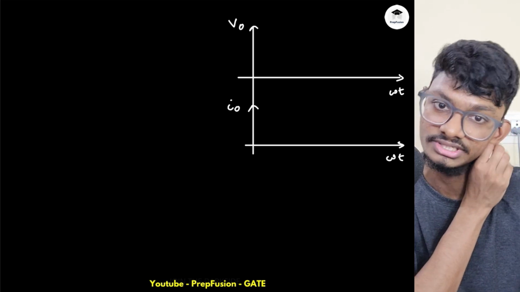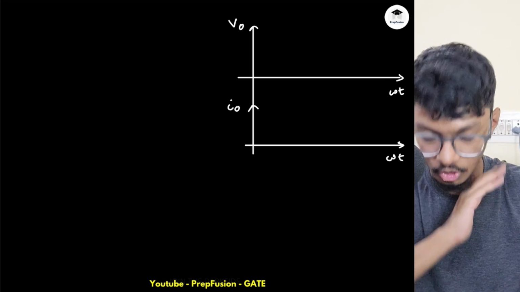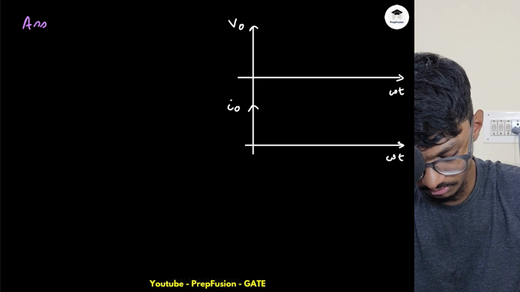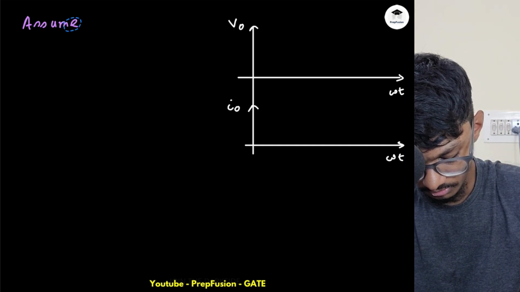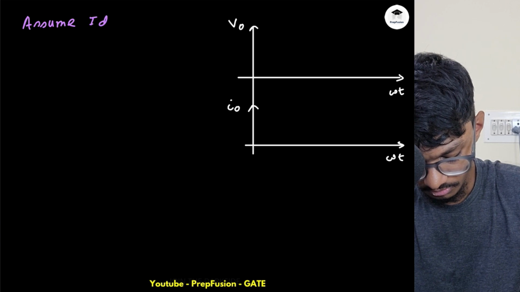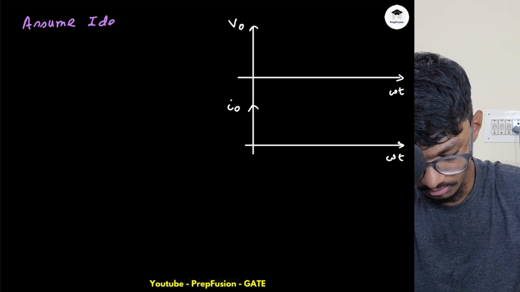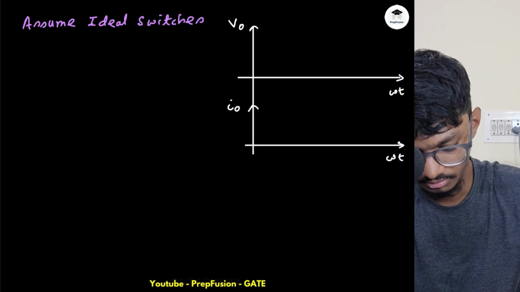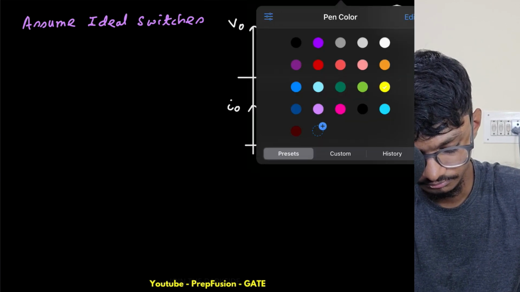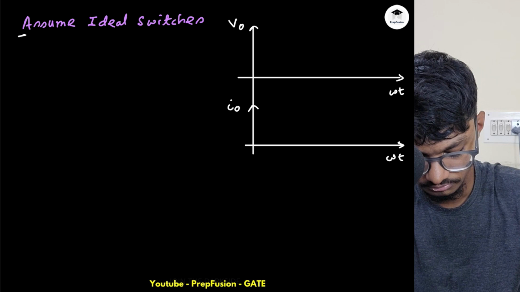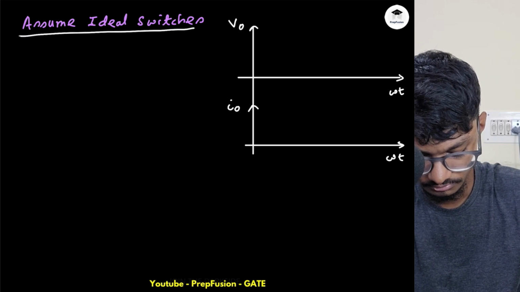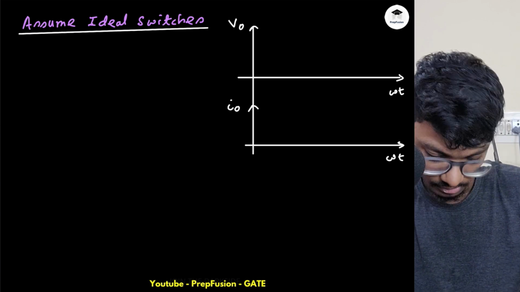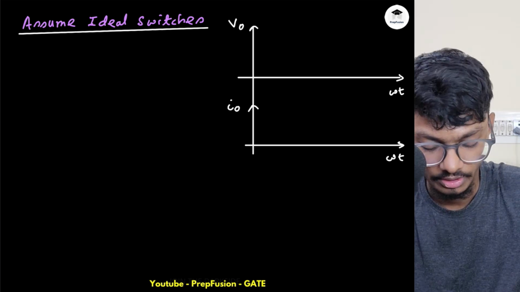That is much easier than incorporating the complexities at the starting itself. So assume ideal switch. Okay.